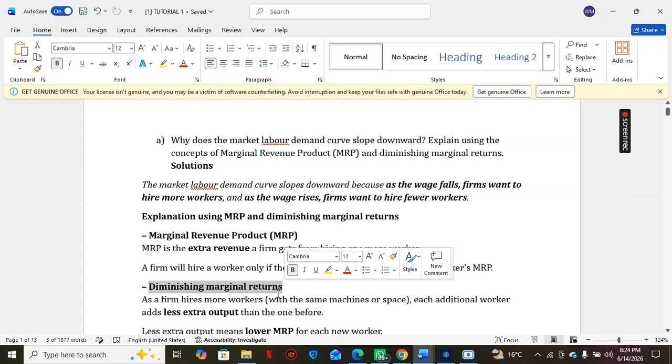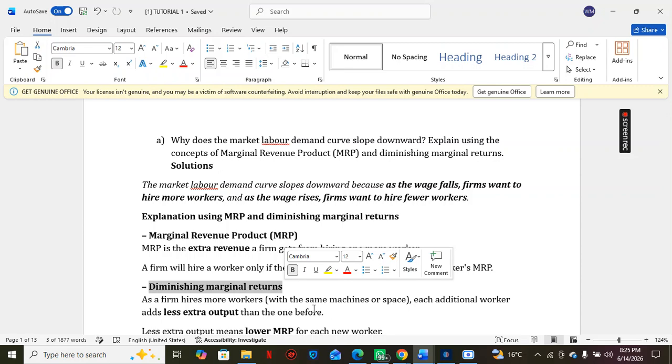Okay. The more workers that you hire when you've got fixed land, fixed capital, eventually the extra output that they're going to bring in is going to drop. Why? Because you've got fixed capital and fixed land, right? So if you continue hiring more workers, the first workers you initially hire are going to be bringing extra output.